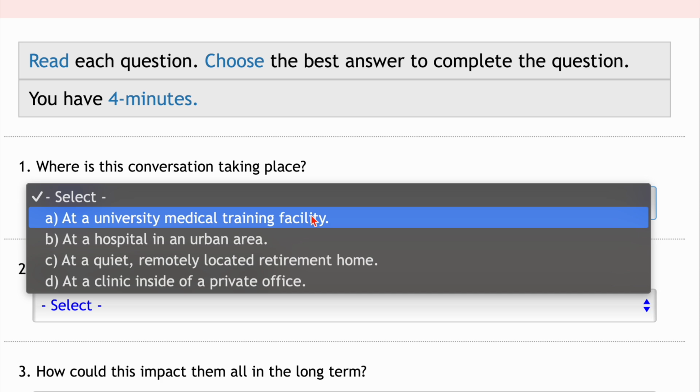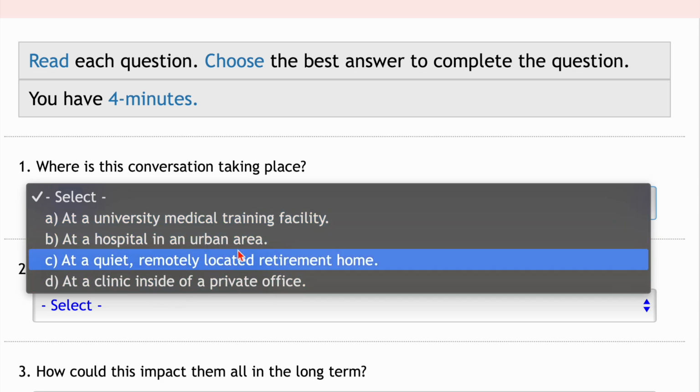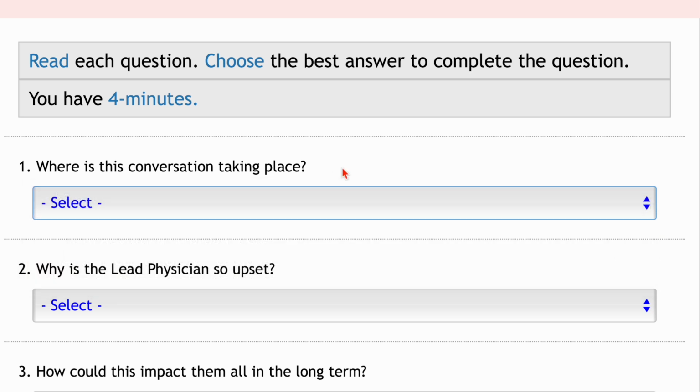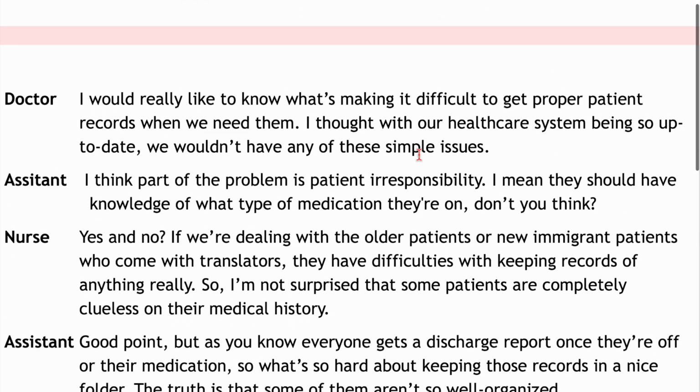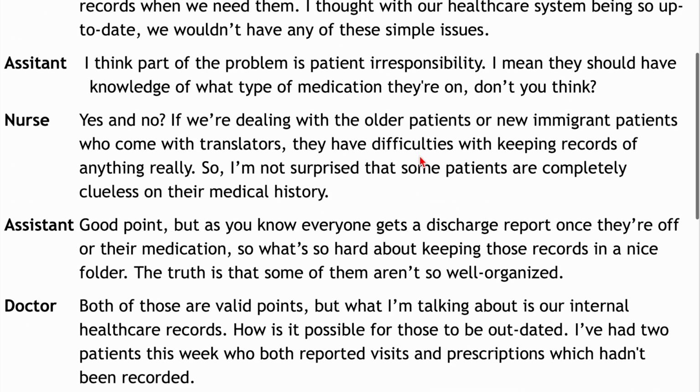So hospital or clinic? Hmm. Now, I do remember I have here the script. Let's look at that. And I do remember them saying it's some kind of hospital.